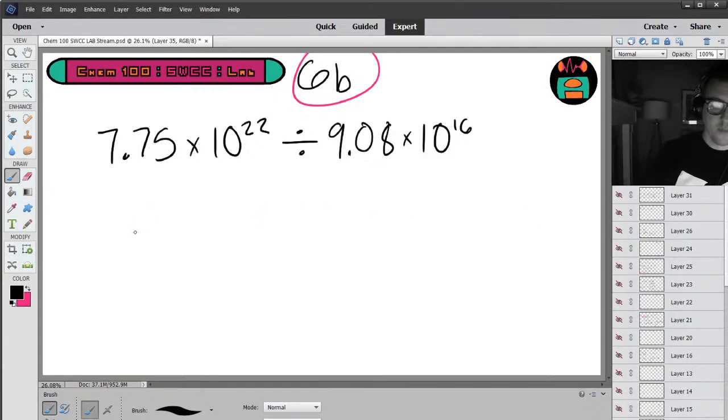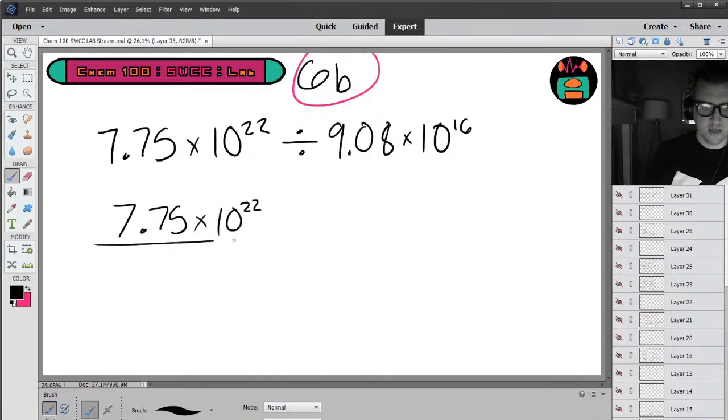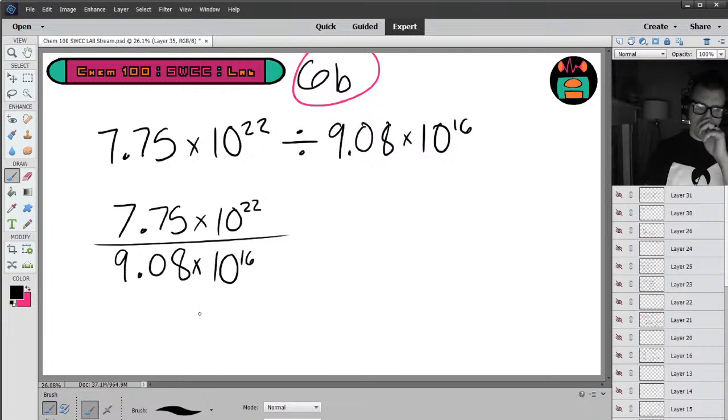So we can rewrite this as 7.75 times 10 to the 22nd over 9.08 times 10 to the 16th, right? And you can also break this up further to simplify it and split things down the middle.